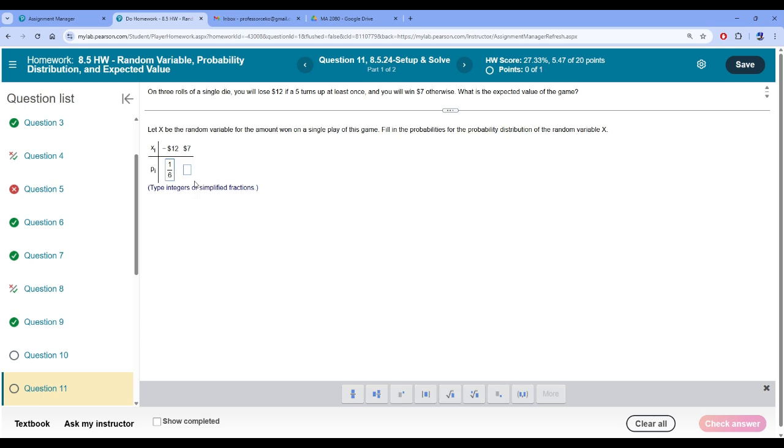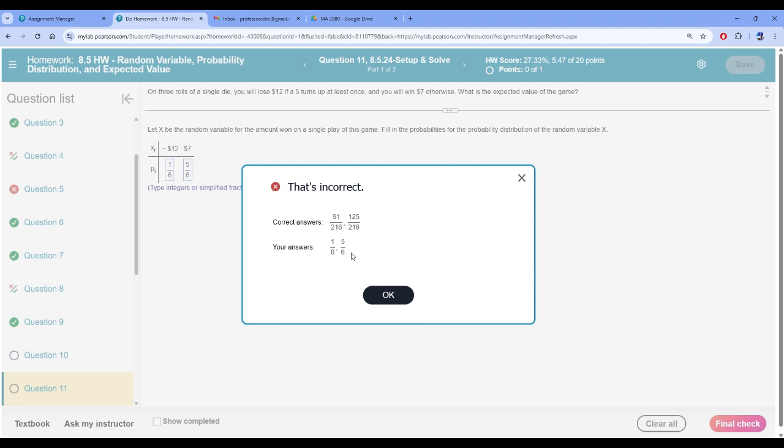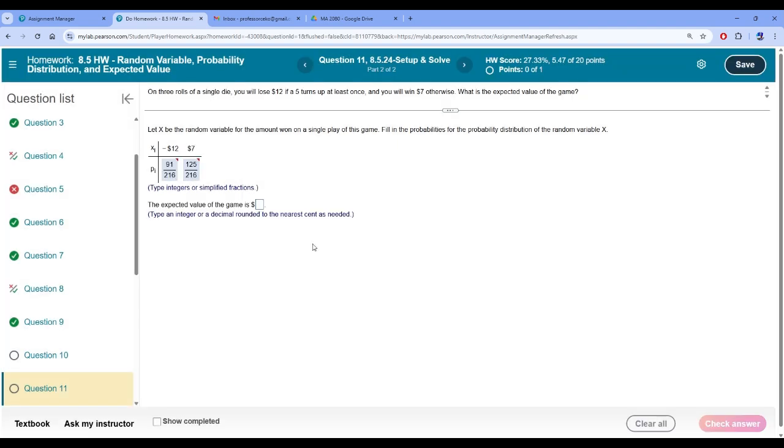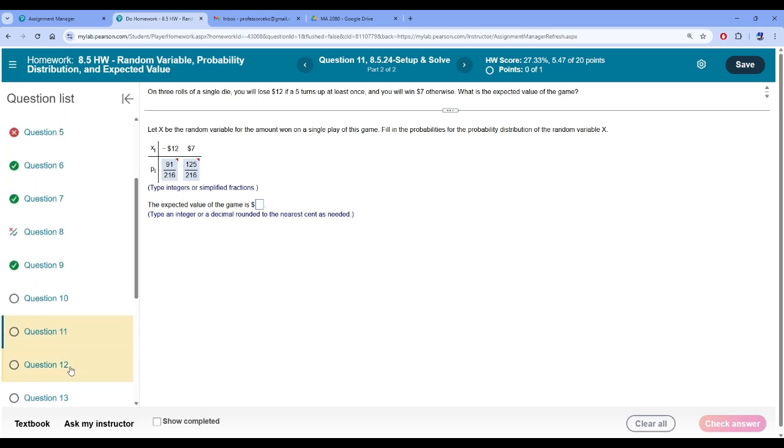So 1 divided by 6, comma 5 divided by 6. What are the answers? The expected value is easy, that you can get, but how do they get those numbers? Interesting. I'm gonna keep going.